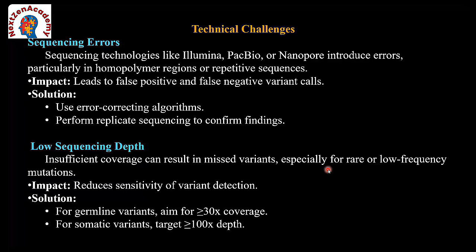It is also helpful in evolutionary and population-based genomic studies, for ancestry and migration, and to reconstruct population history and evolutionary history, where variant calling and variant annotation are helpful.